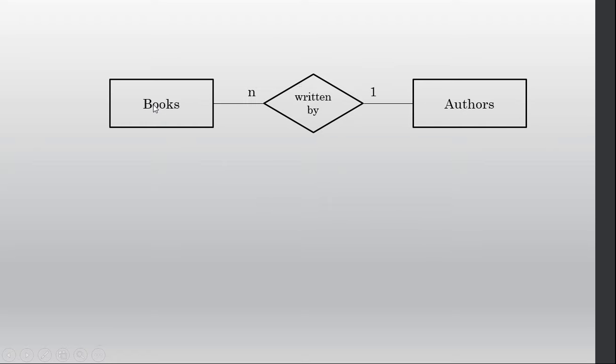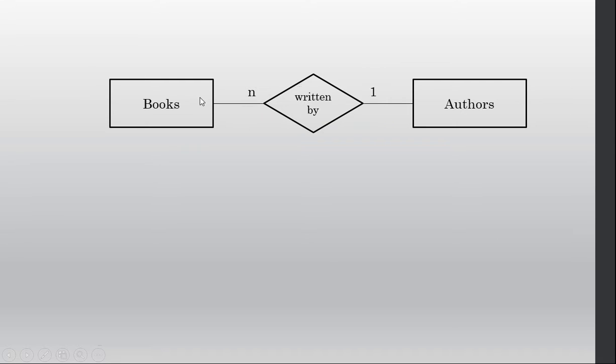So we got a books table, we got an authors table. There's a relationship there, right? An author writes a book. So I have books written by, or you could have author writes, whatever word you want to put in there to describe that. Again, let's say for the sake of this example, an author can write many books, right?